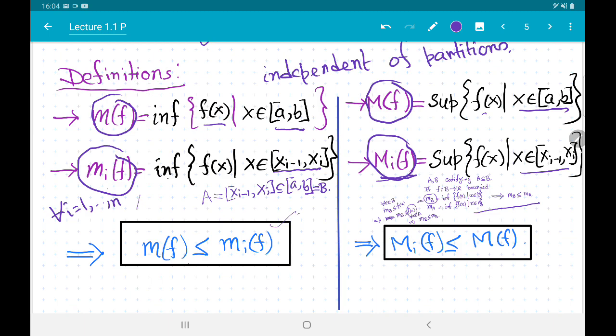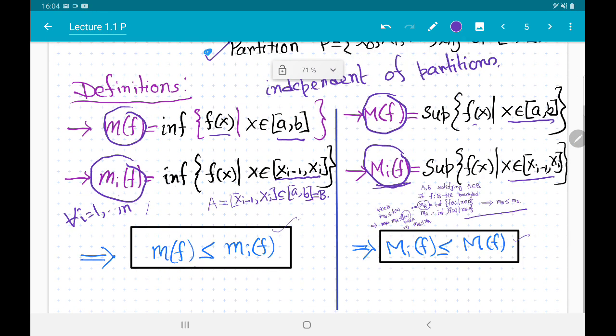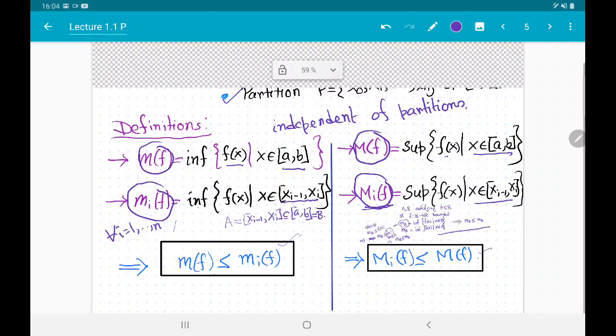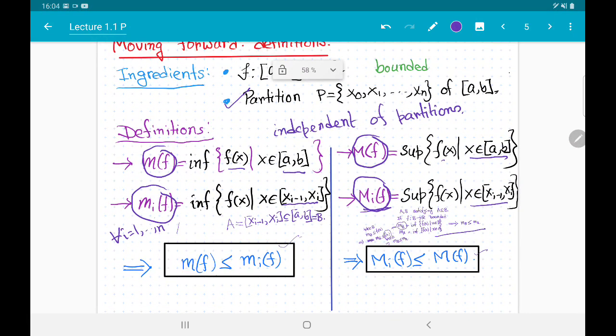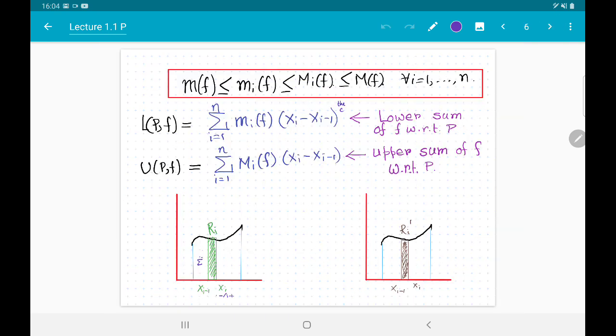You could easily derive an analogous result for supremums, and this will give us big MIF is less than or equal to big MF. I hope I am clear up to this point.